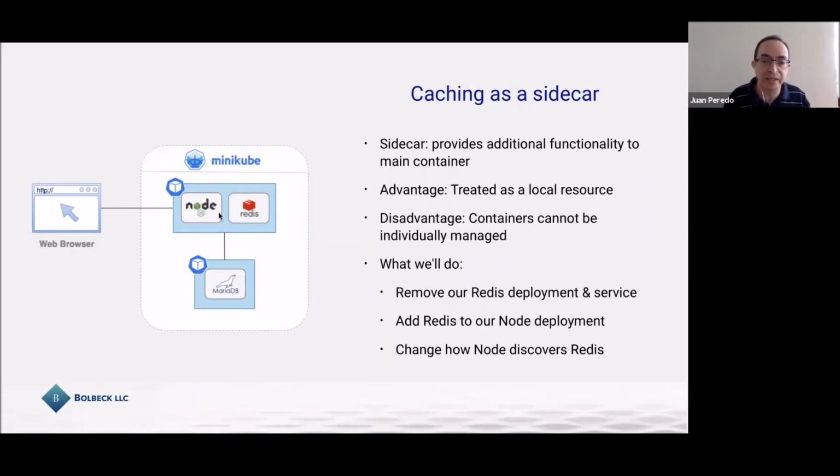The big disadvantage here is that you can no longer manage these containers individually. You can no longer individually scale, for example, the node application up without scaling the Redis application as well. But that's okay. For our case, it is exactly what we want to do.